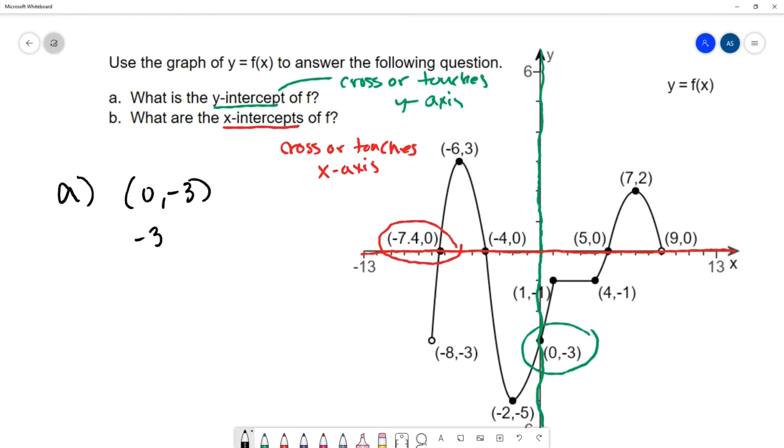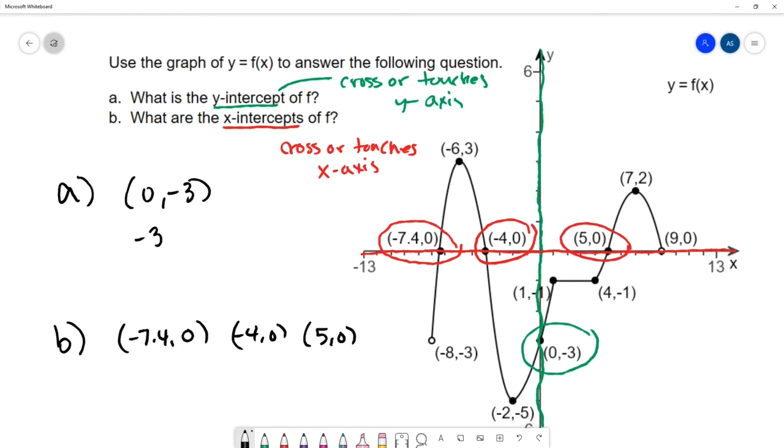So that's going to be an x-intercept, (-7.4, 0). We have another place where the graph crosses. That's (-4, 0). And another place where the graph crosses would be (5, 0).